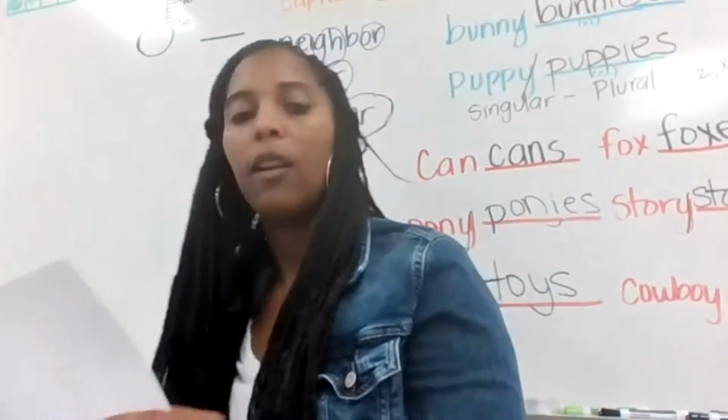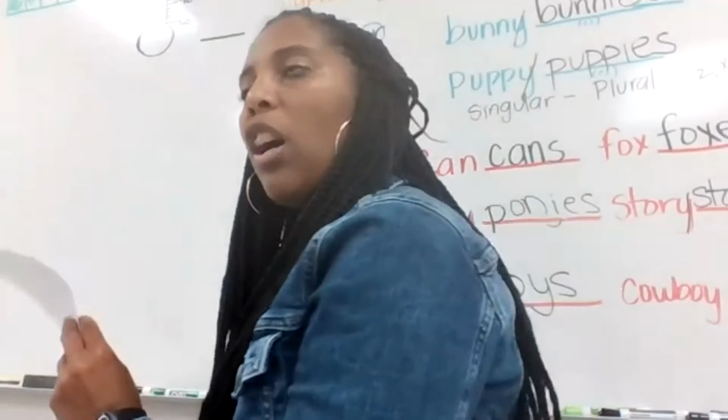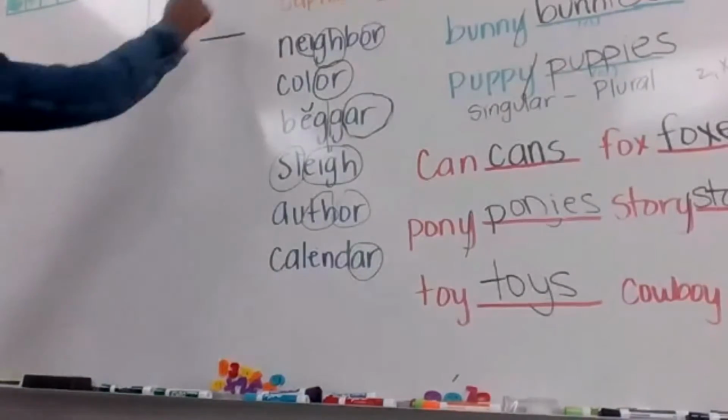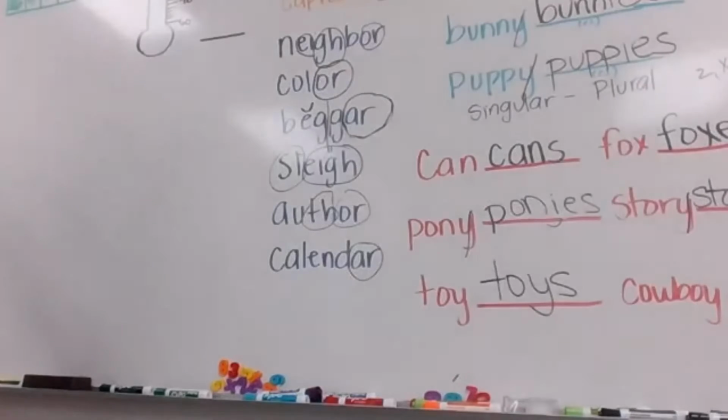Fire. How do I write the plural of fire? You have to turn the word into plural. Look, the first one was fox, and you have to turn it.